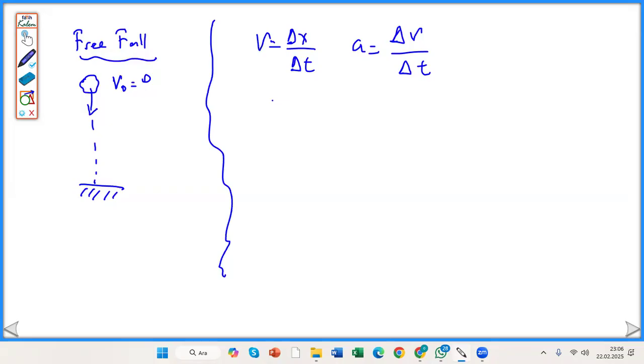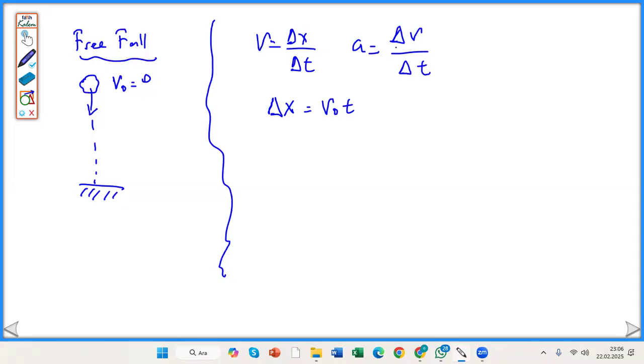Assume that you know the displacement, and displacement is also V0 times t.